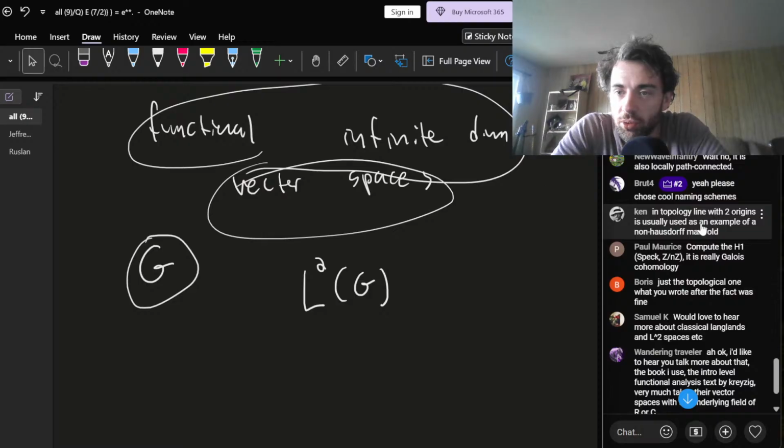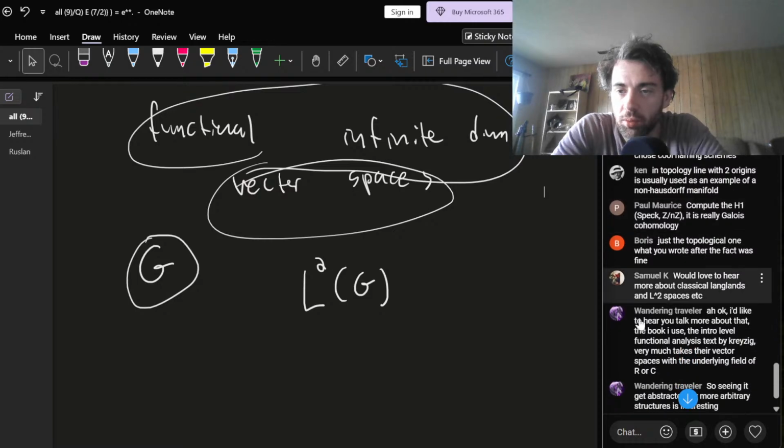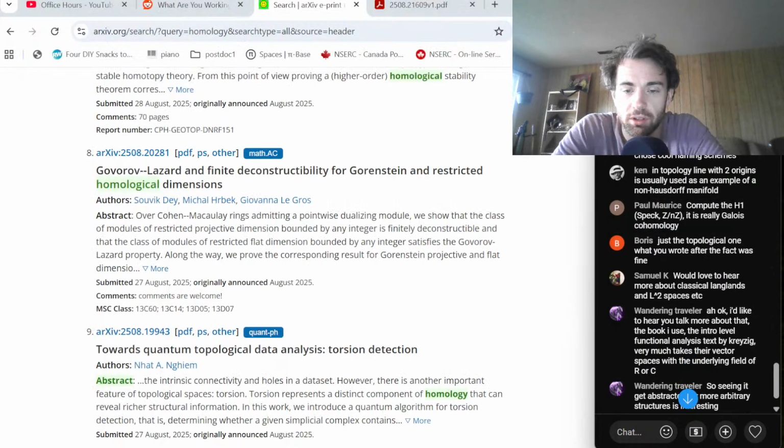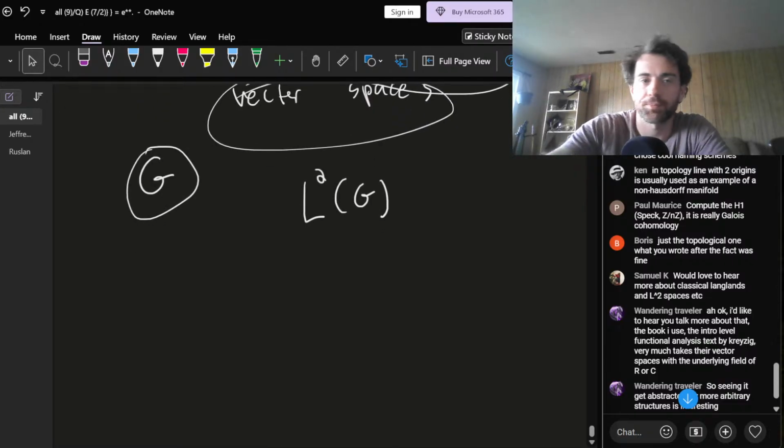The line with two origins is usually used as an example of a non-Hausdorff manifold. Compute the H1 of Spec K with Z mod n coefficients. Okay, we'll put this on the list for tomorrow.